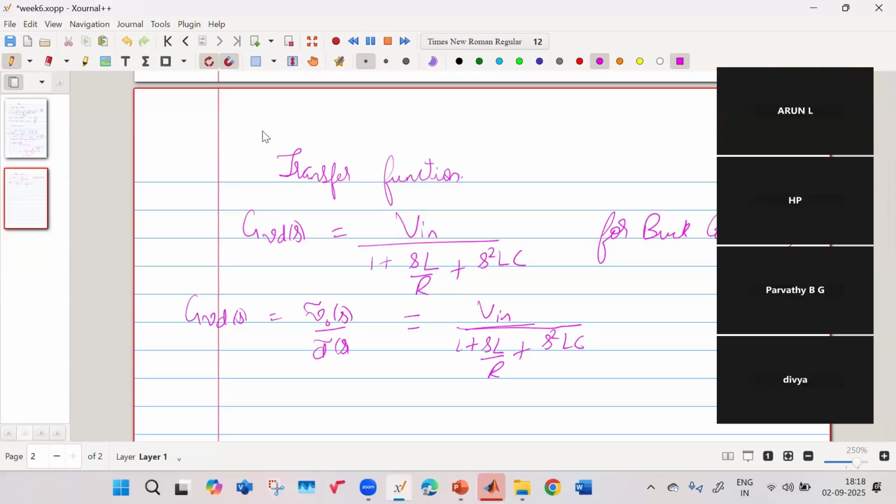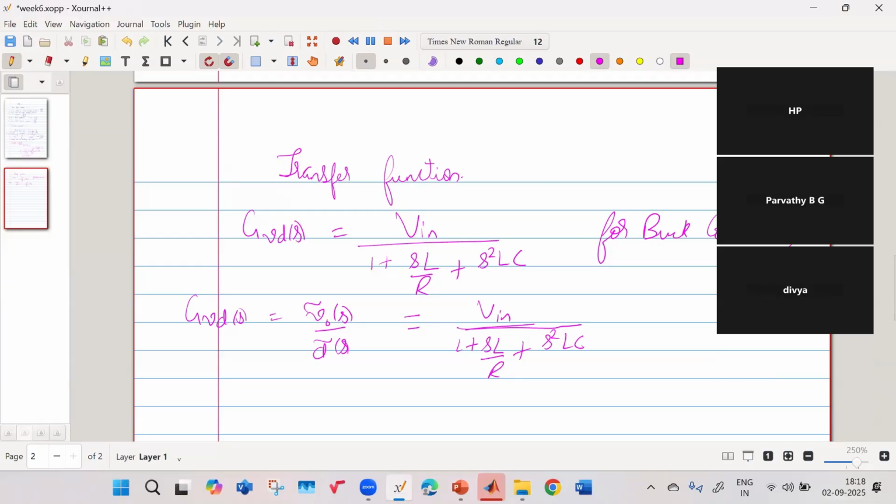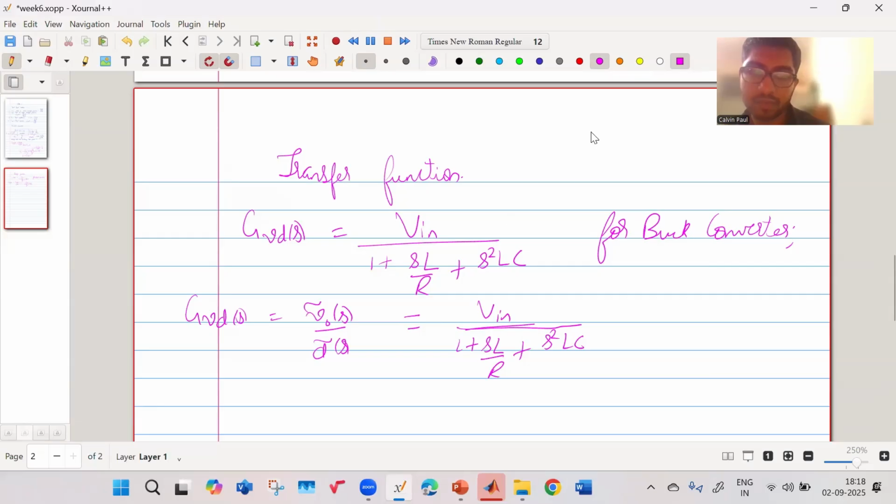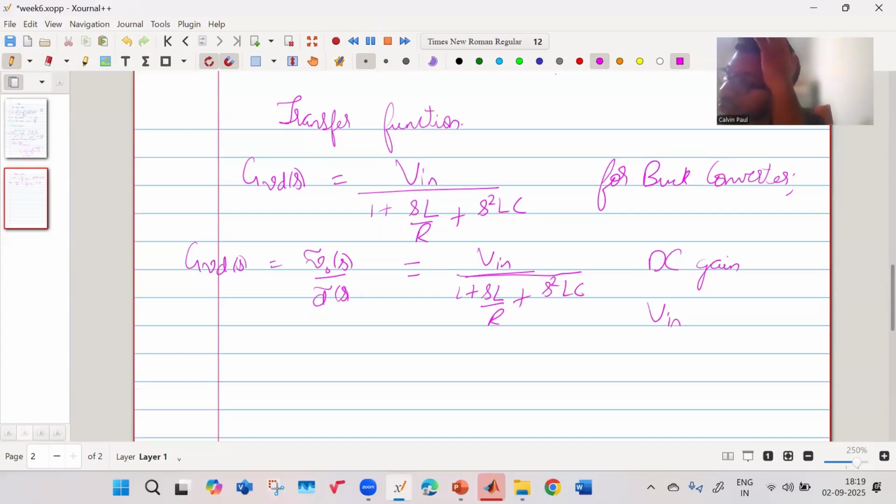Can anyone let me know? We have many people here. What is the DC gain? What is the significance of this, right? Okay, someone please type. Okay, DC gain is that. Now, how many zeros are there?